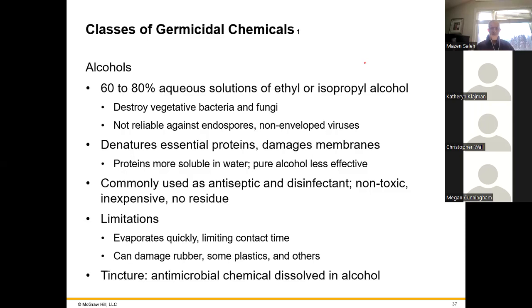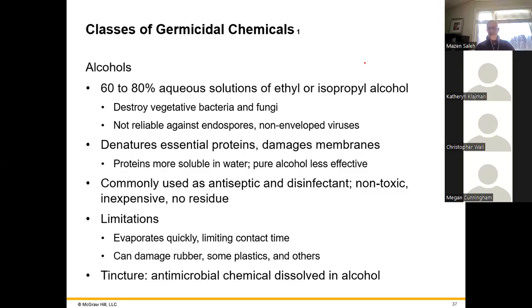It's fairly cheap as well, and because it evaporates, it does not leave any residue. So those are some of the advantages of using the alcohols. Its limitations, of course, are that it evaporates quickly, limiting the contact time, but we can get around that. We can use it in heavier loads, increasing the amount of alcohol and reducing its concentration from pure alcohol to about 60 to 80%.